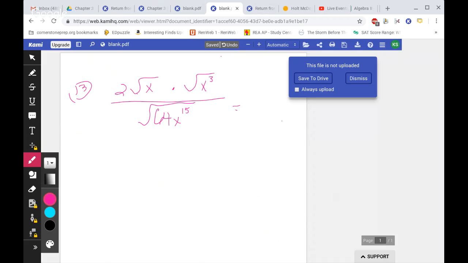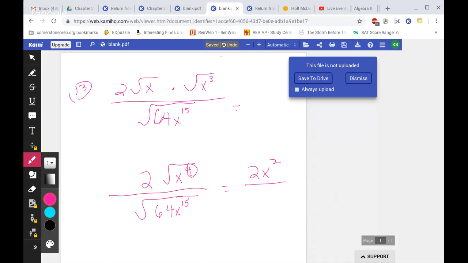I can take that x times that x to the 3rd, and combine those to be x to the 4th, over 64x to the 15th. Then this can come out and it becomes x squared, because the square root of x to the 4th is x squared.